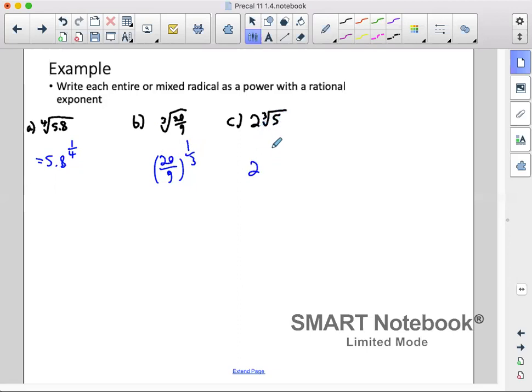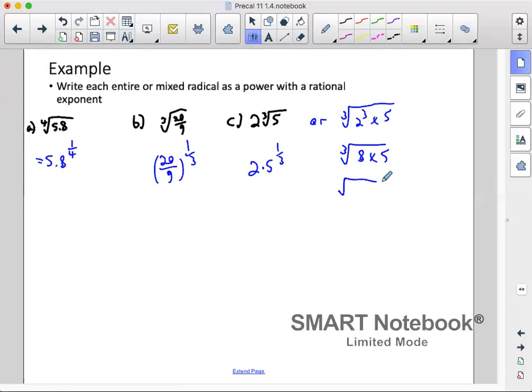Next one, the 2 stays in front, and then we have 5 to the 1 over 3. Alternatively, we could change it into an entire radical by moving the 2 inside, so that would be the cube root of 2 cubed times 5. 2 cubed is 8.